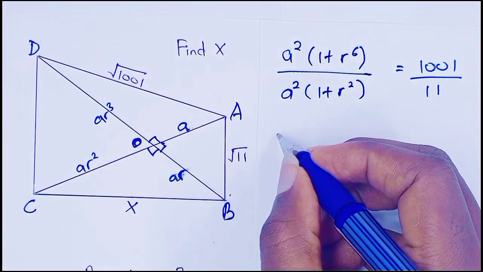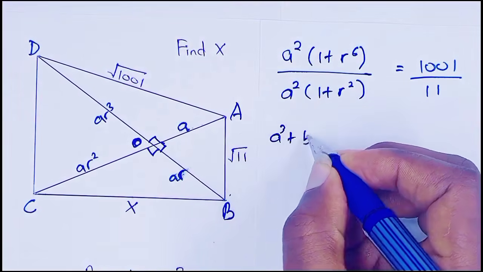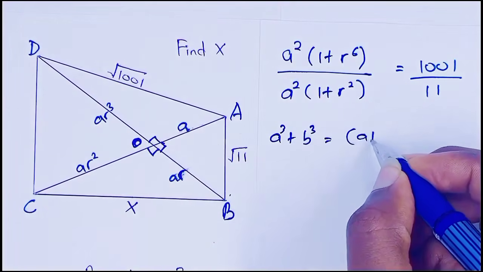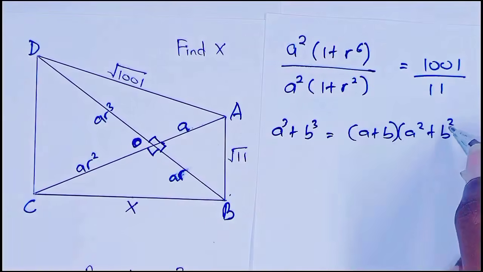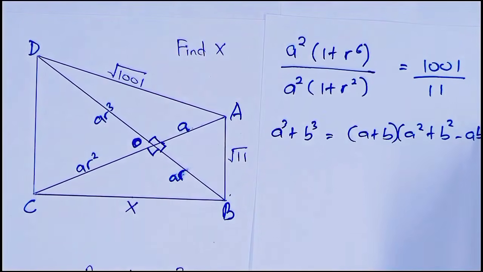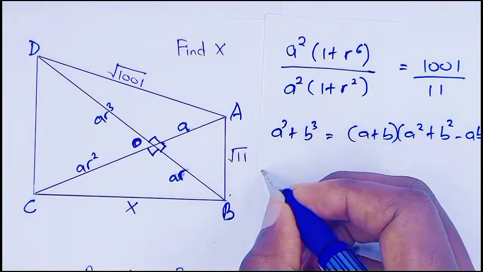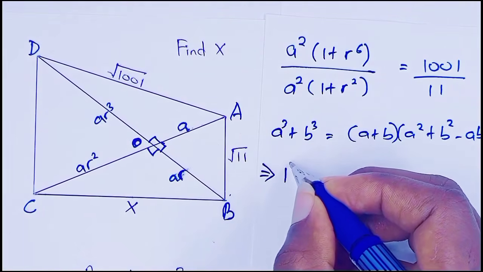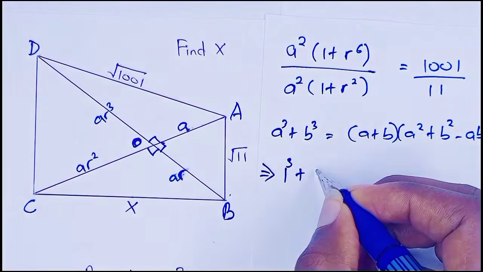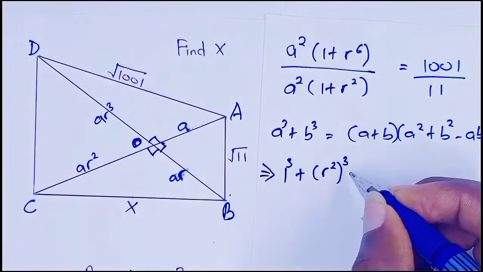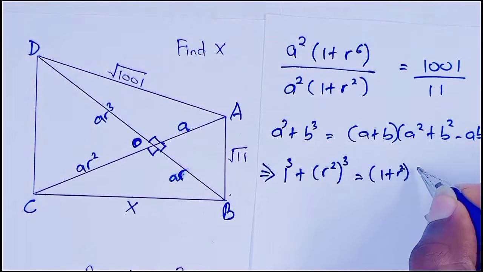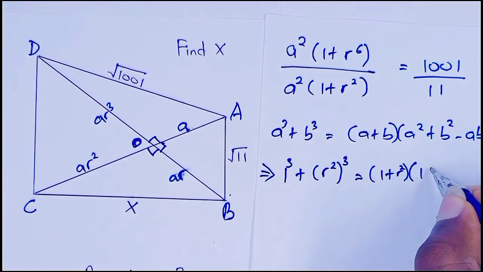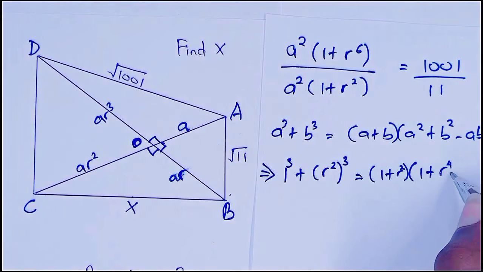We know that a cubed plus b cubed is equal to a plus b into a squared plus b squared minus ab. So this implies that 1 cubed plus R squared cubed is equal to 1 plus R squared into 1 plus R power 4 minus R squared.